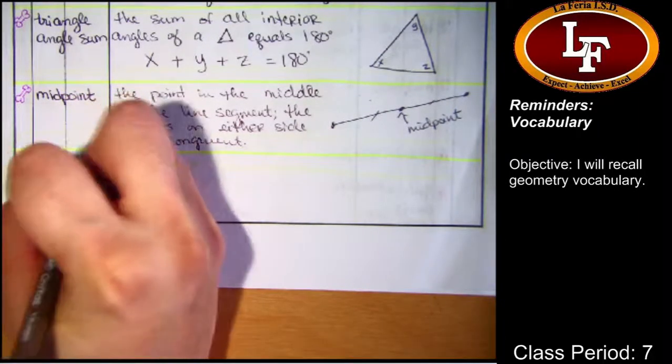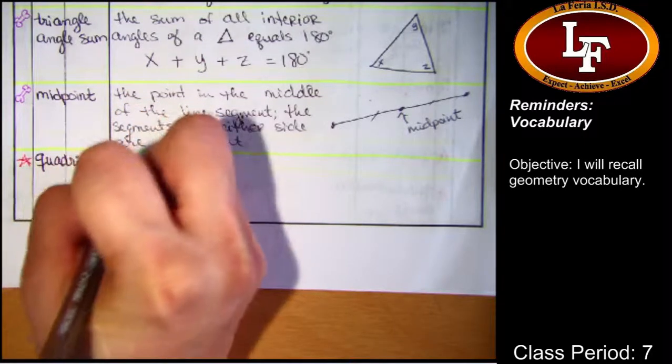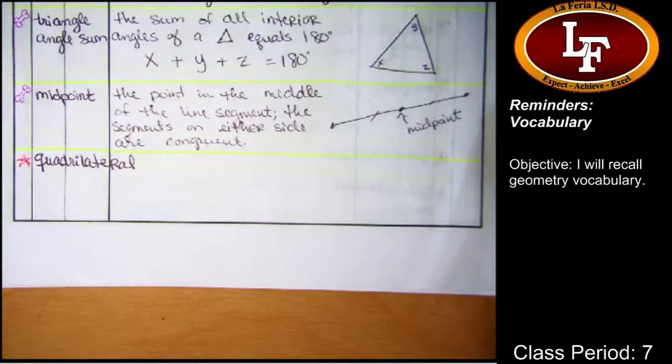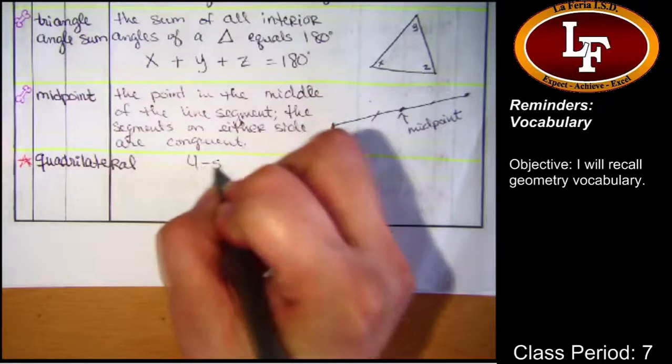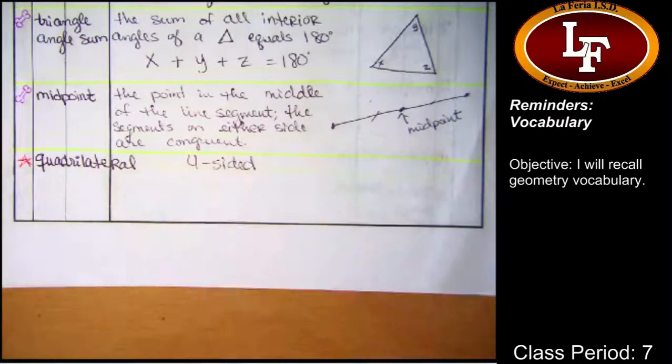The something new is the word quadrilateral. What do you think it means? Just take a guess. Quadrilateral. Four-sided, like a rectangle or a square. Okay, four-sided what?